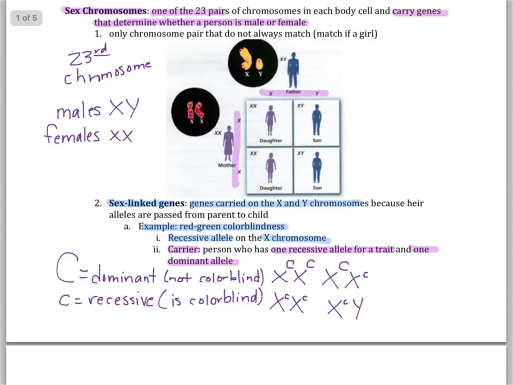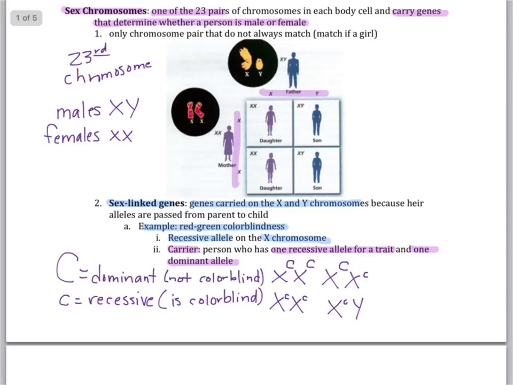Remember that a recessive trait is expressed when it is present without the presence of a dominant allele. Since it only lives on the X chromosome, and men only have one X chromosome, they are going to express that trait because they only have one X chromosome.